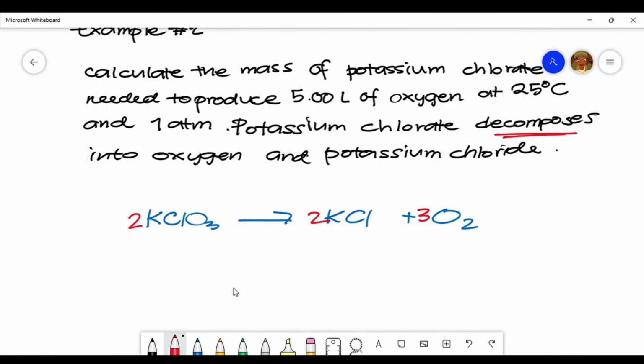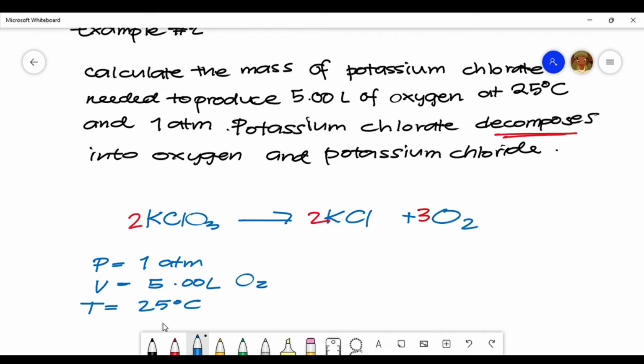Before anything else, it's better to write down the given. The pressure is 1 atmospheric pressure, and the volume is given as 5 liters of O2. The temperature is given as 25 degrees Celsius.